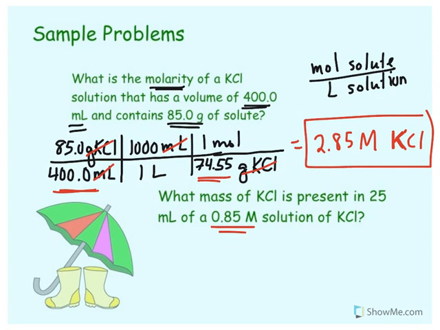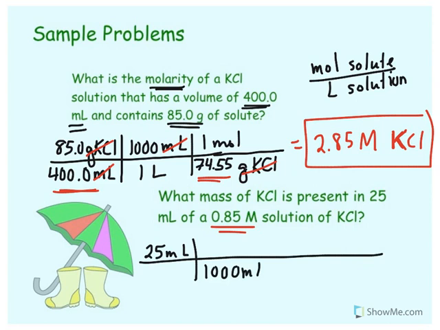So here we go. We're asked to find a mass, and since mass is not a fraction, we're going to start with a number in the problem that isn't a fraction, and that, folks, is 25 milliliters. So we have 25 milliliters, and to get milliliters to cancel, we need to convert that to liters because we don't have any information about milliliters in here.